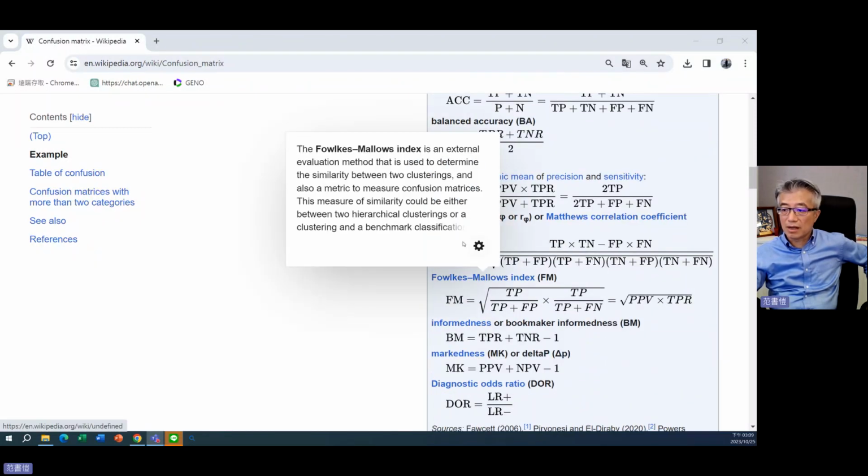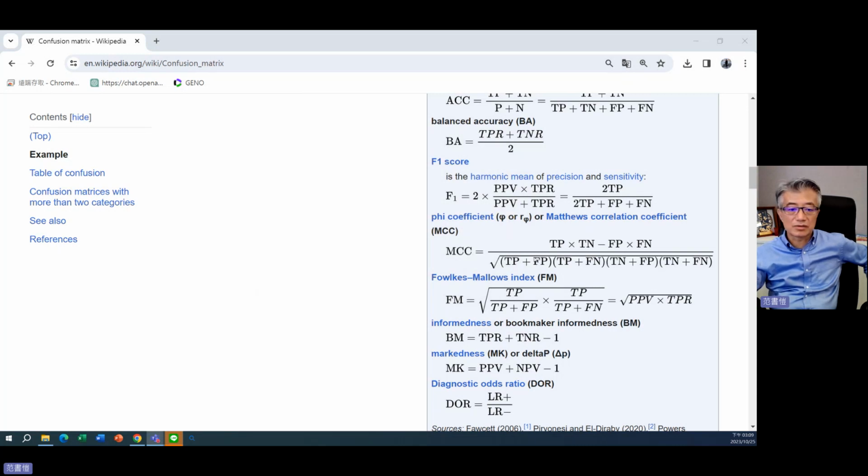So the F score is a widely used measure.